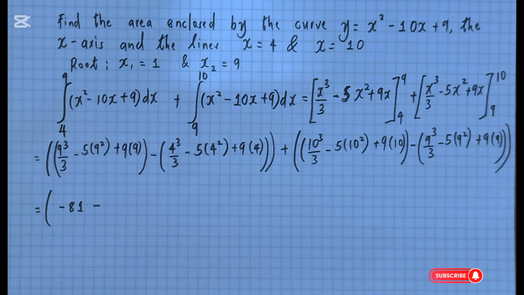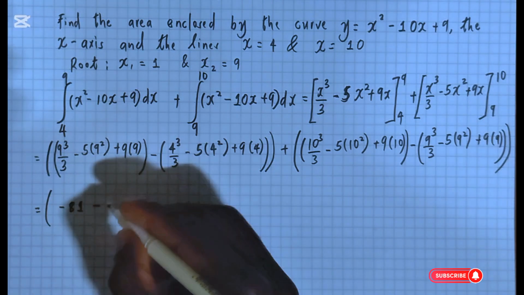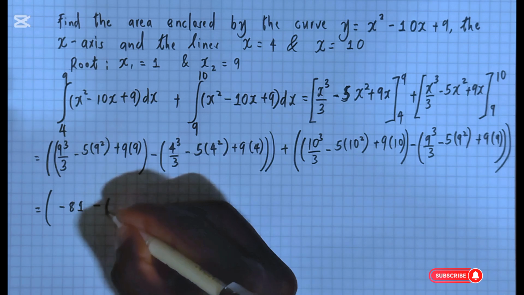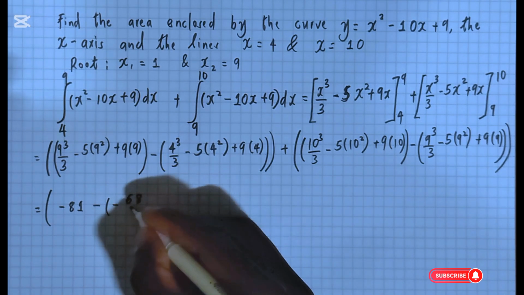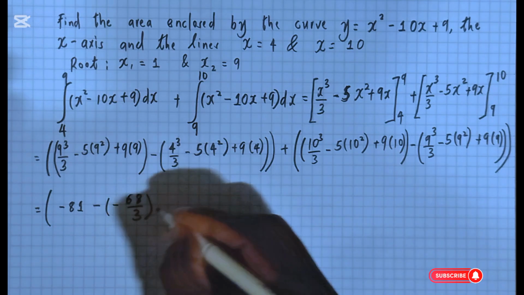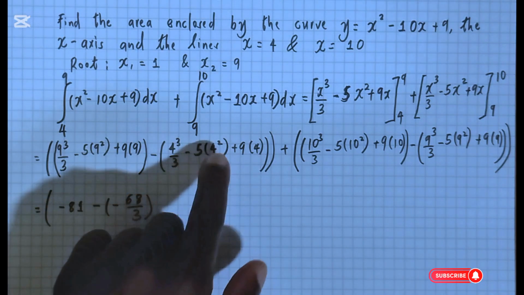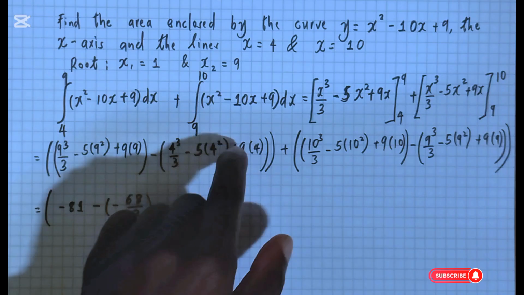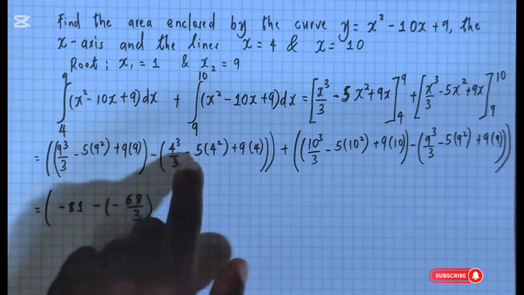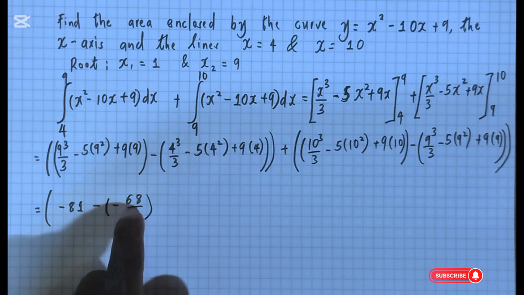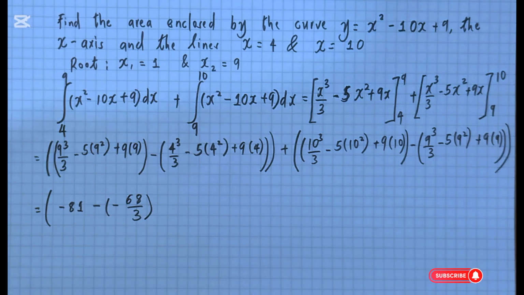Notice that this will give you negative 68 all over 3. So basically this value is the value for the second bracket. For the first bracket, we're getting negative 81, minus, in the second bracket, negative 68 all over 3. Okay, so that's it for the area below the x-axis.